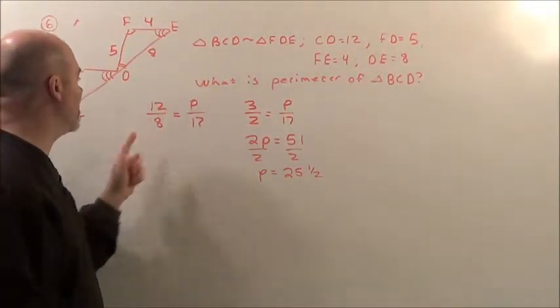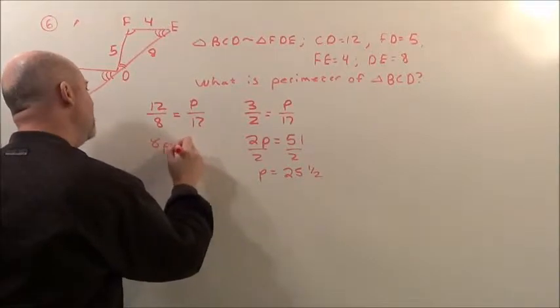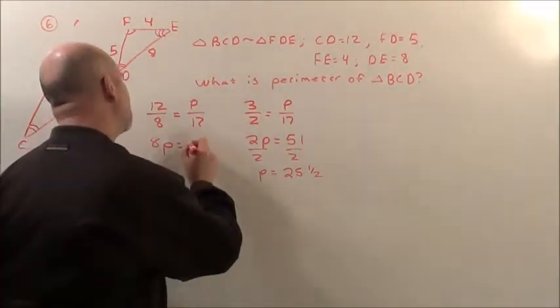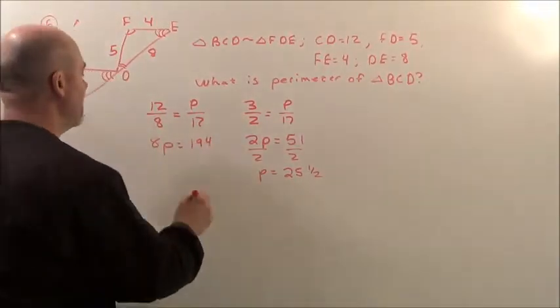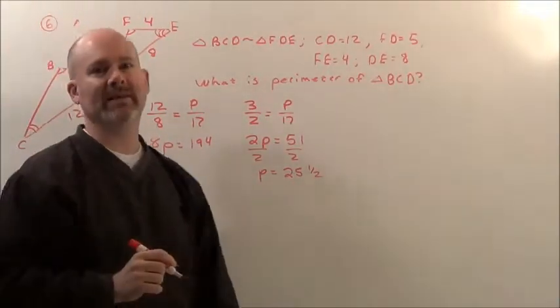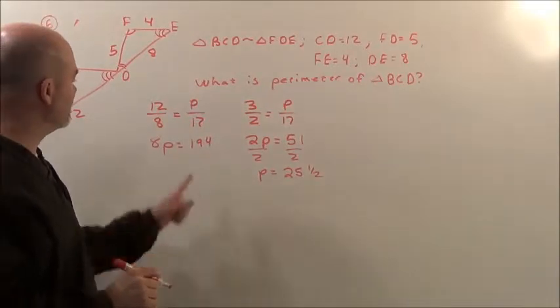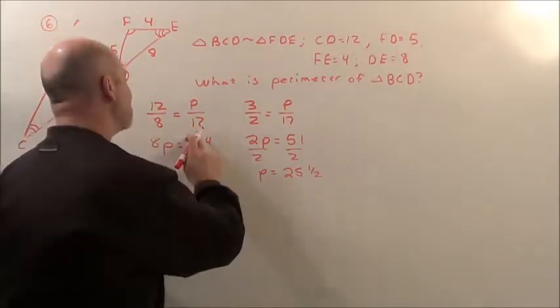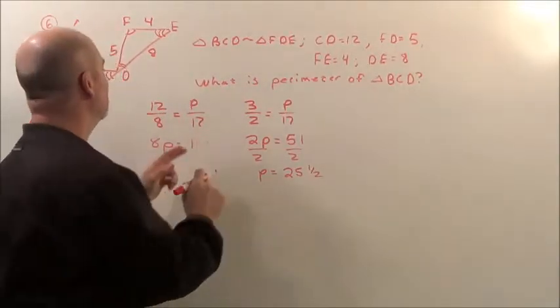Now you would have gotten the same thing had you done 8P equals 17 times 12 and then divided by 8. Actually, I messed up on the multiplication there, obviously. My fault.